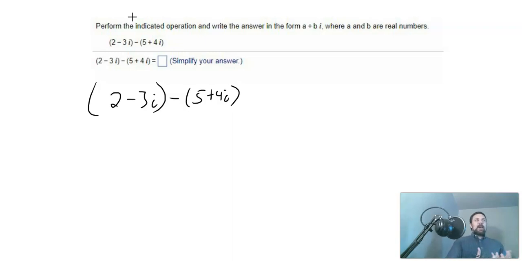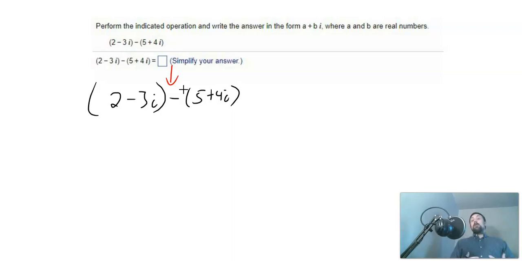Not because it was mathematically necessary to do, but just for emphasis, right? So 2 minus 3i is in parentheses because that's one complex number. And then 5 plus 4i is in parentheses because that's another complex number. And in between, you see we have a minus sign. That means we want to subtract these two numbers.